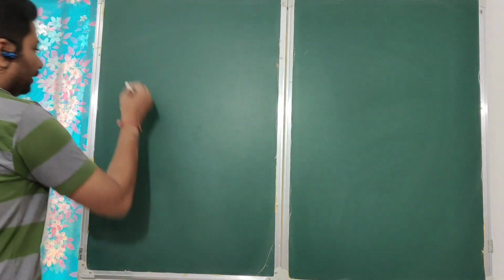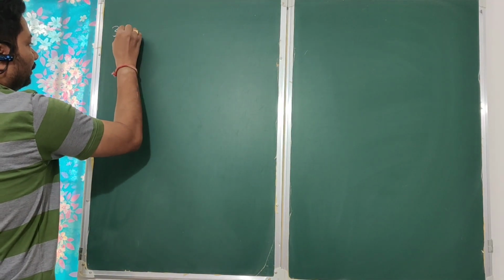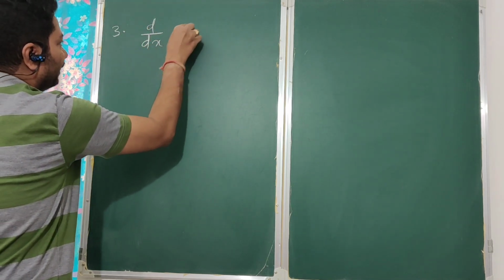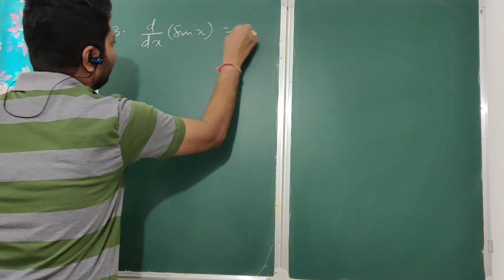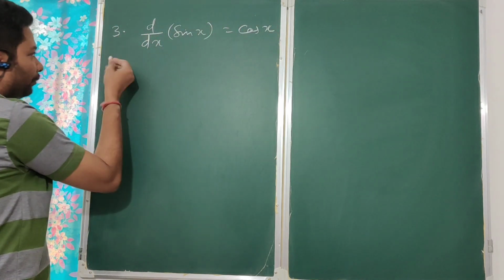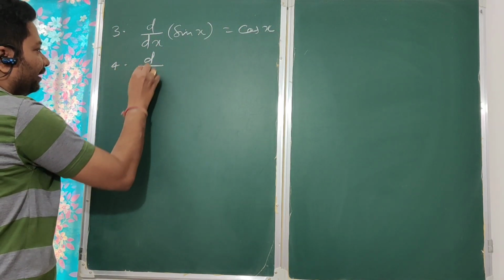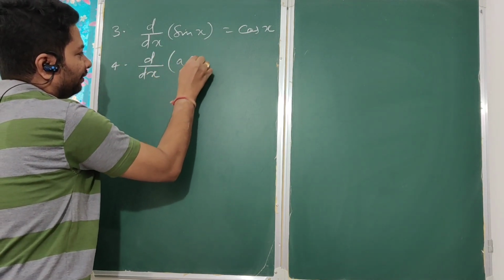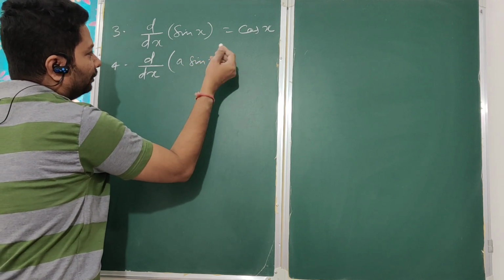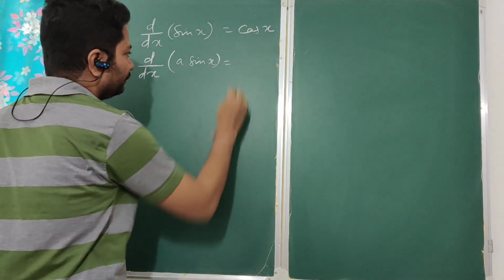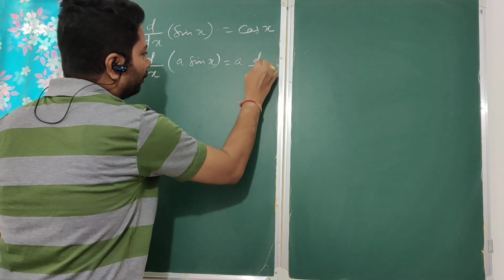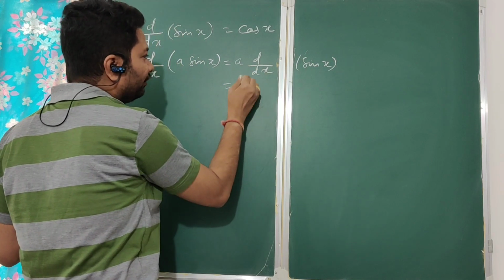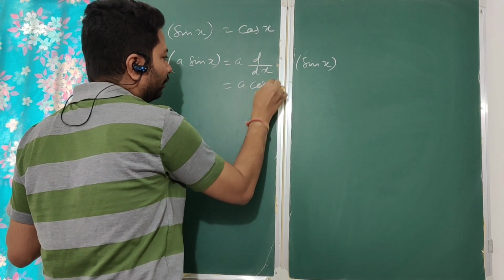The next function that we need to learn is how to find d by dx of sin x. This is given as cos x. So the extended form: you can have something like a sin x, and this will be given as a d by dx of sin x, and d by dx of sin x is cos x, so we can write it as a cos x.